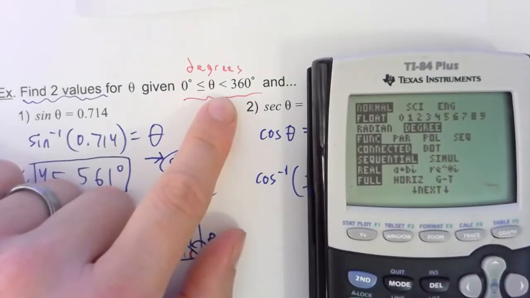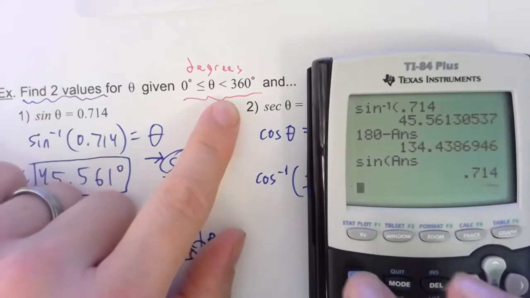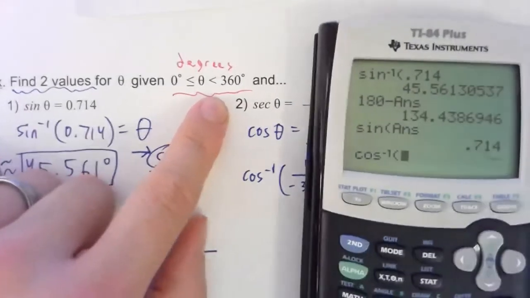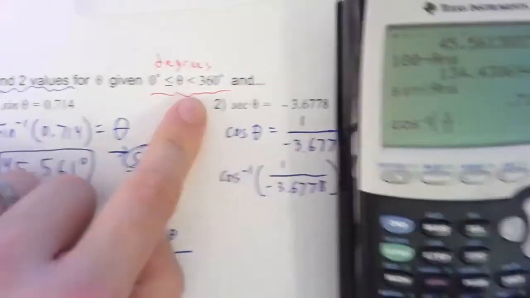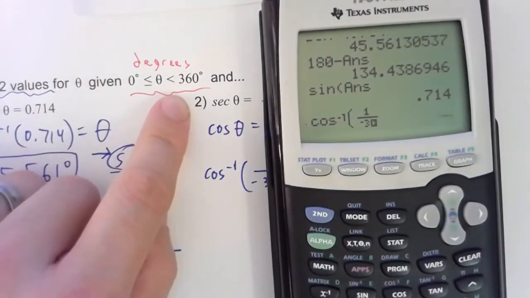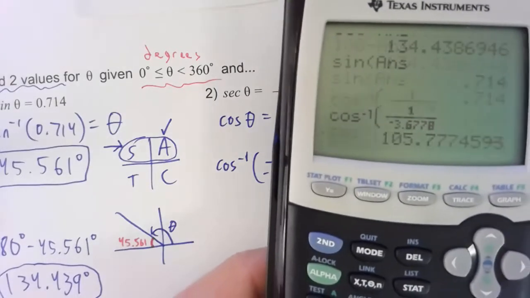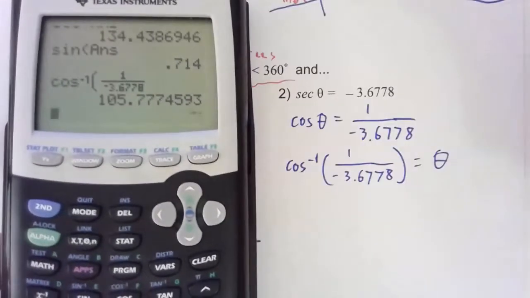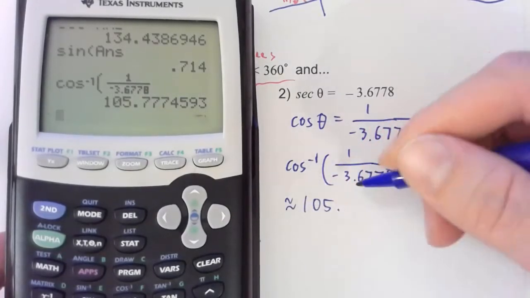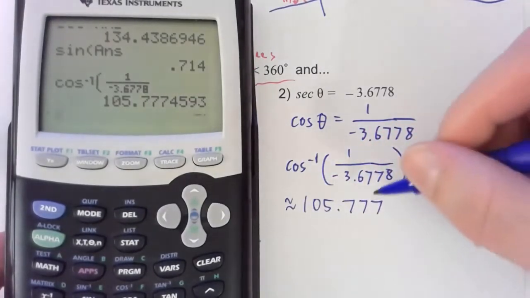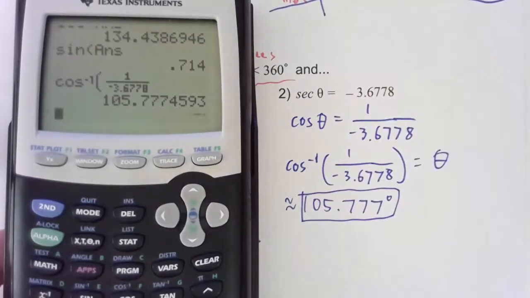Make sure nobody changed it in my calculator while I wasn't looking. Always check your mode whenever using one of these three buttons here. So inverse cosine of 1 over negative 3.6778. All right, so we've got one answer, about 105.777, lucky sevens degrees.